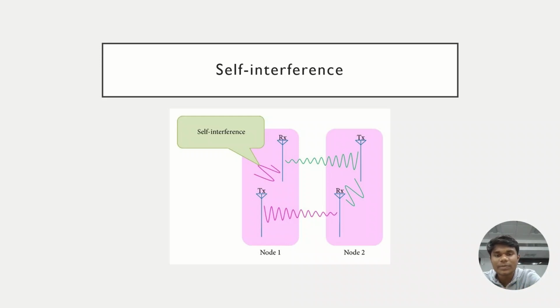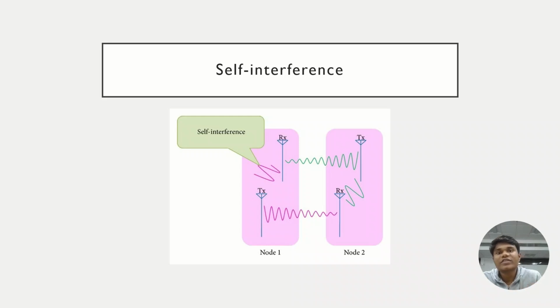Here, the purple region symbolizes one antenna, the receiver antenna and transmitter antenna, just for depiction sake, they are part of a single thing. What happens is, when an antenna is simultaneously transmitting as well as receiving the signal, then the signal that is being transmitted interferes with the signal that we intend to receive.